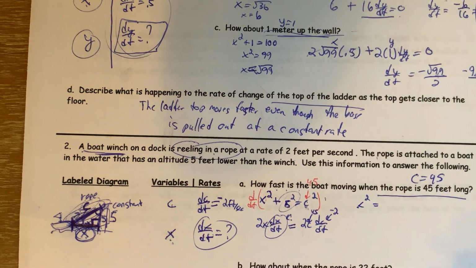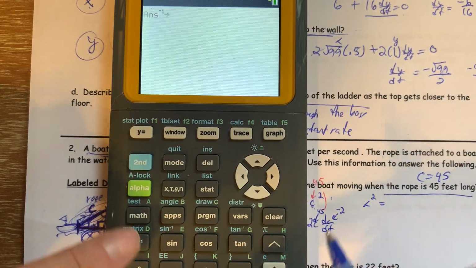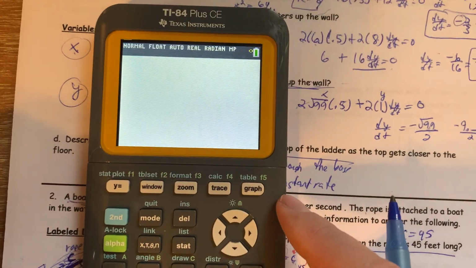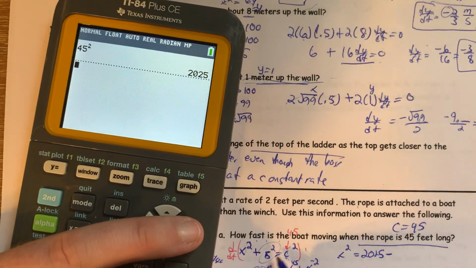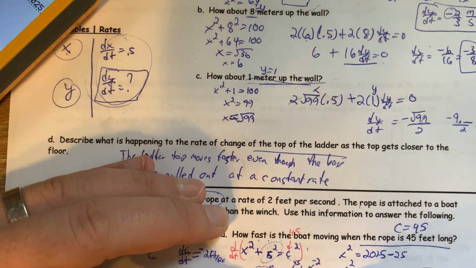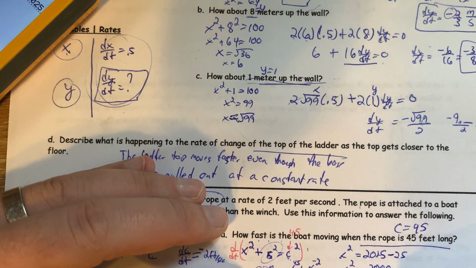equals, I'm going to use a calculator here. I think 45 squared is like 2025 or something like that. I'm not sure, that might not be right. 45 squared is 2025. Okay, great. So 2025 minus the 25 we had over here, and x squared equals 2,000. And so x is the square root of 2,000.